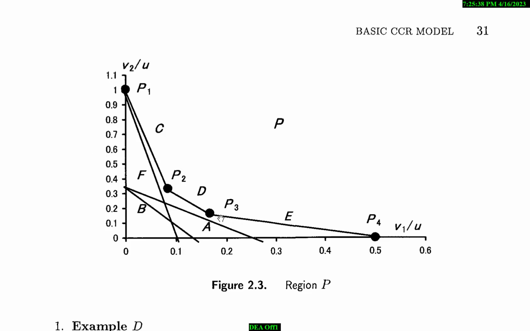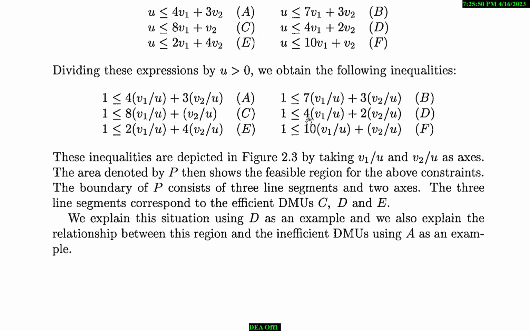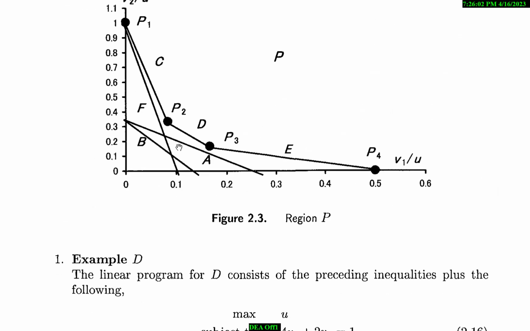For D, E, F, and B, and you see that the origin doesn't satisfy any of these constraints, so the side opposite to the origin shows the values of variables that satisfy the constraint.